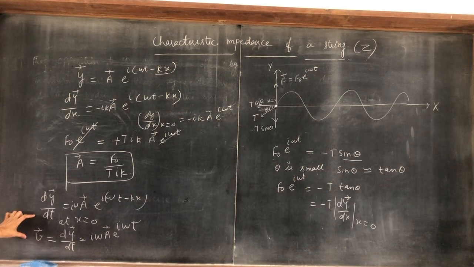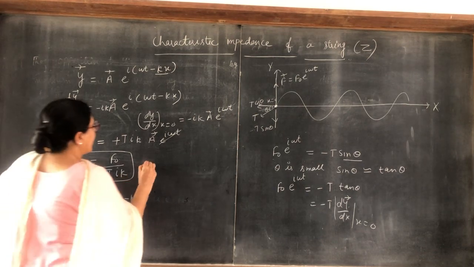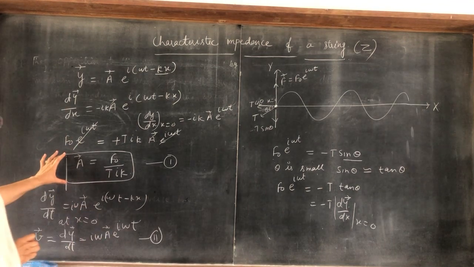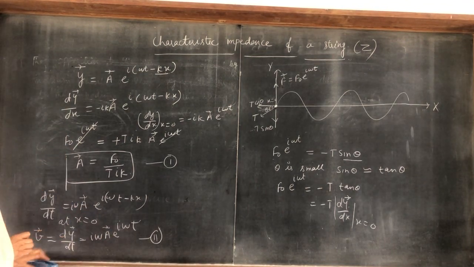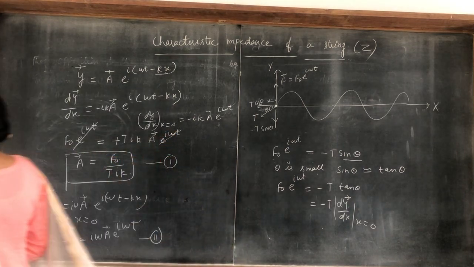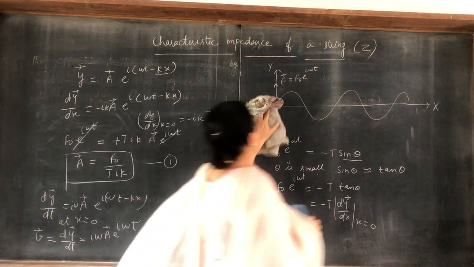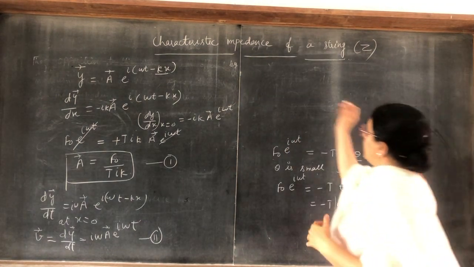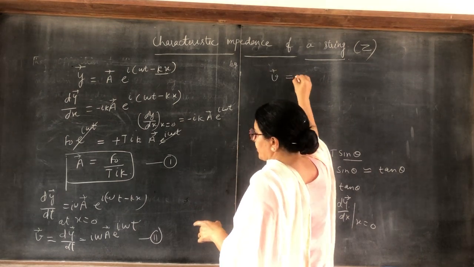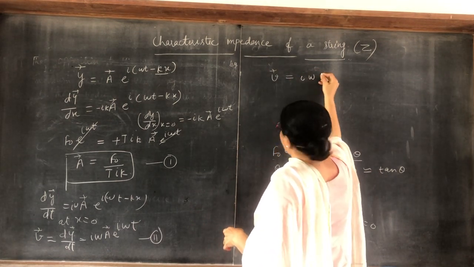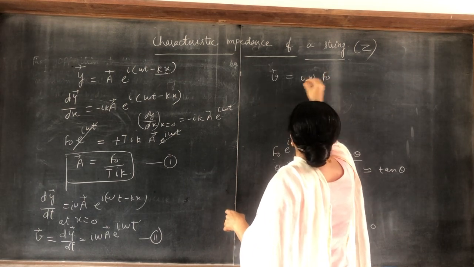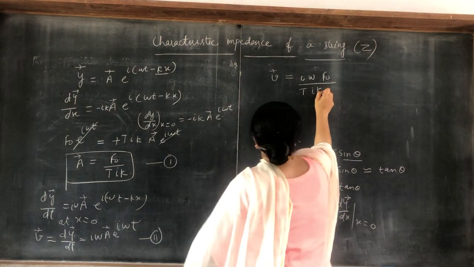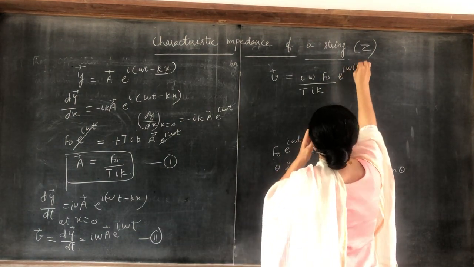So this is v. Now taking this as first equation and this as second equation, put the value of a from first in second. So what do you find? v is equal to iota omega f naught over T iota k into e raised to power iota omega t.